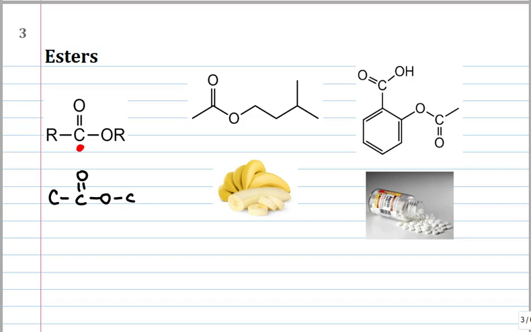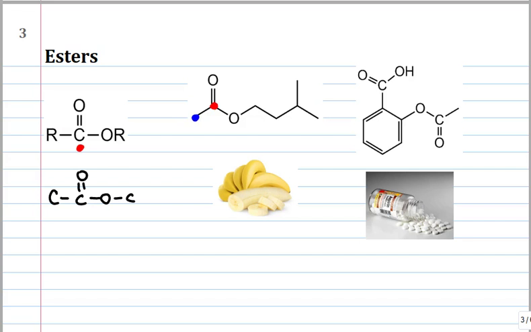Okay? So, let's look at some molecules and see if they're esters or not. Well, let's look over this molecule in the middle, I guess. This is a molecule that gives bananas its smell. It smells like bananas. And so, if we locate the carbonyl, which is one of our landmarks, we see there's a carbon next to that carbonyl.